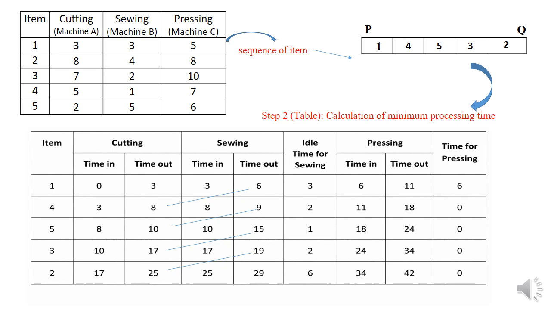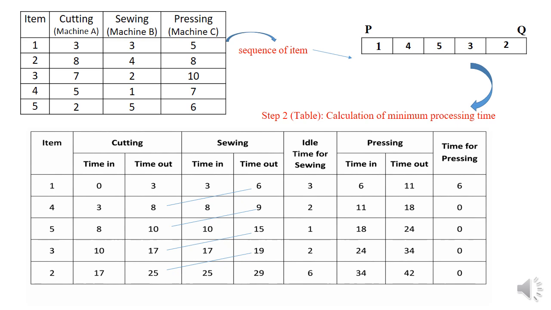Now the next item, item 4. The time in of item 4 in cutting machine is 3 because cutting machine was free in 3 hours. Time out of cutting machine is 8, that means time in plus processing time of item 4 in cutting machine.